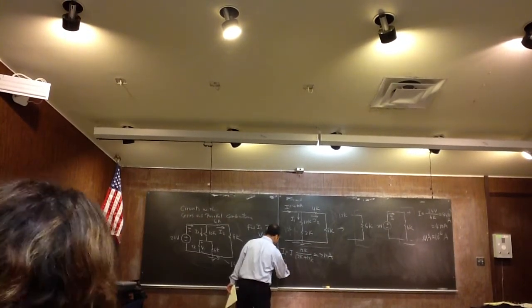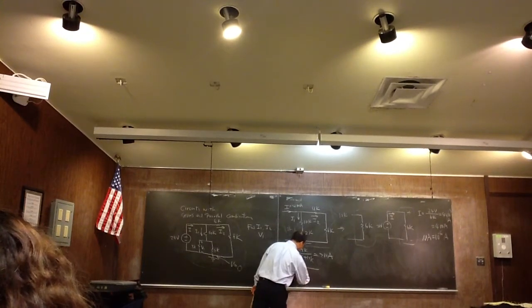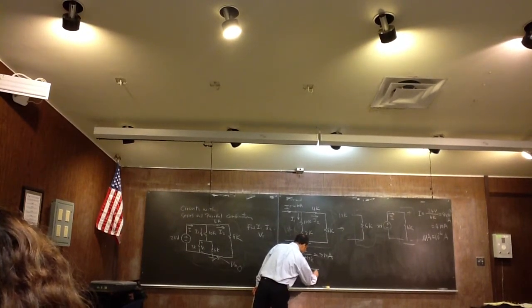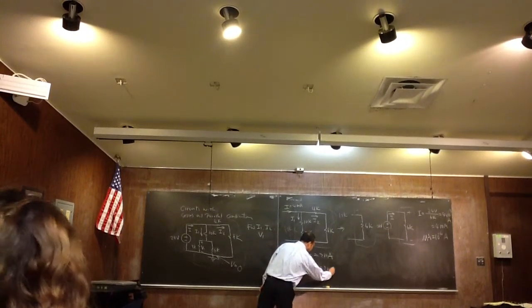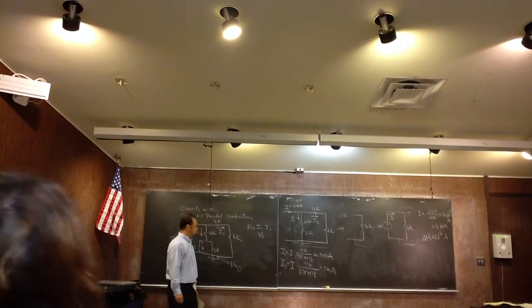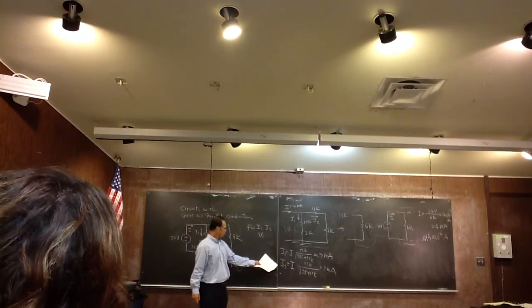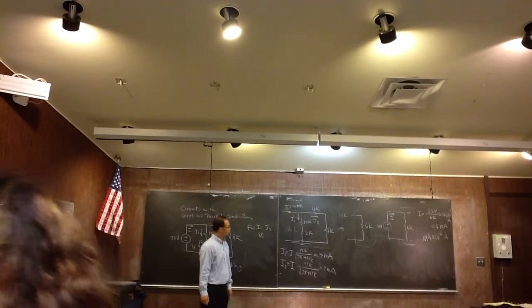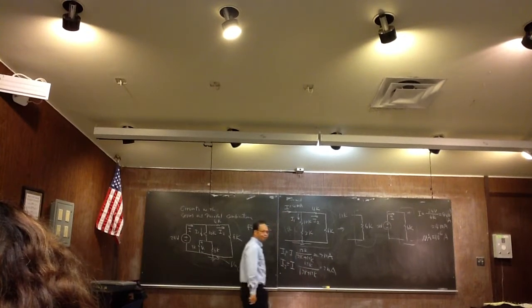And I2 is the same concept: the total current I times 12K, divided by 12K plus 12K, so it's 2 milliamps. I simply use the current divider rule, that's all, because I have two branches and a main current coming in.